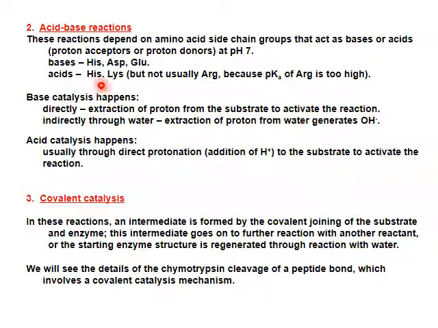And histidine, again, is one of those whose pKa is such that it hovers around that physiological pH. So you always have some that's protonated, some that's deprotonated, and it may be favored one way or the other in an enzyme active site. Lysine is usually going to be protonated and can donate a proton.